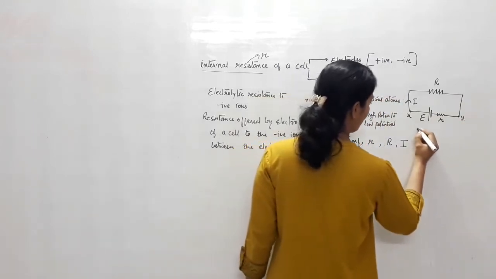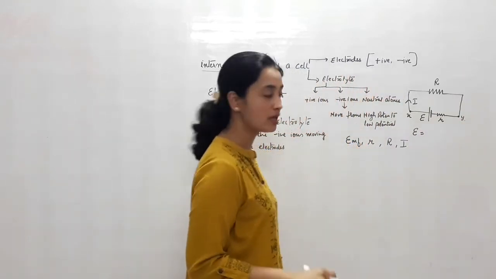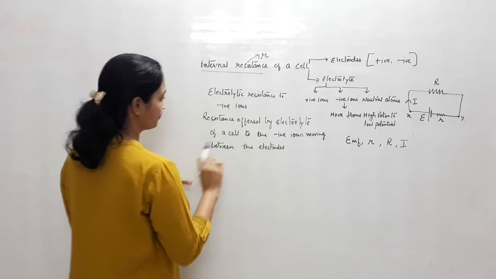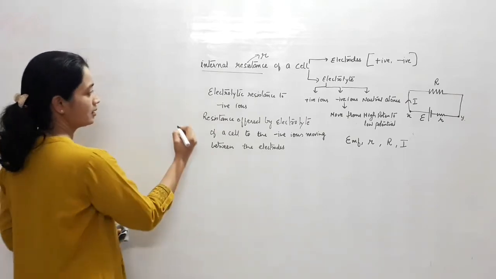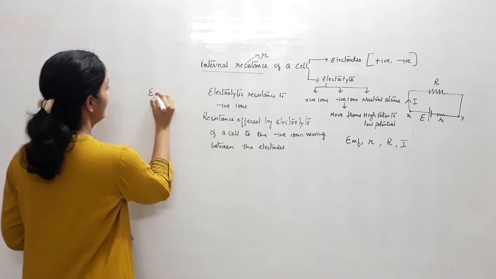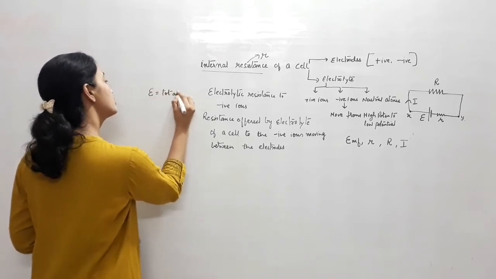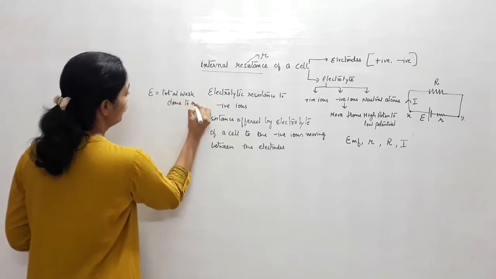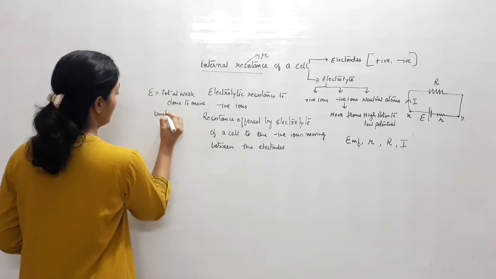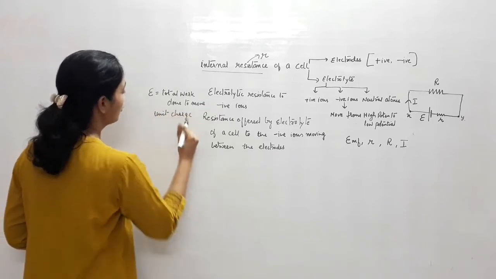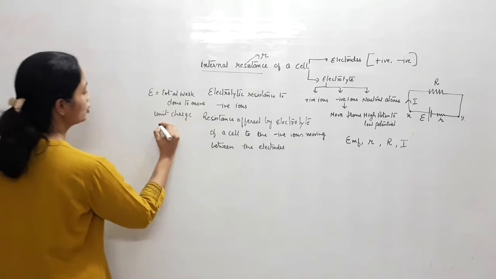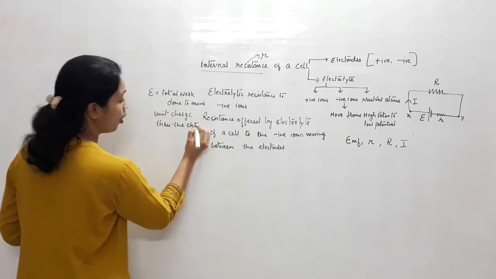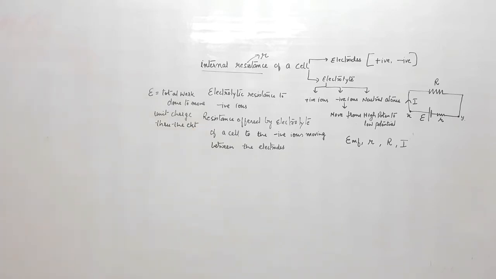Now the total EMF is basically the work done. The EMF is the total work done required to move unit charge through the circuit, or sometimes we may call it along the circuit.